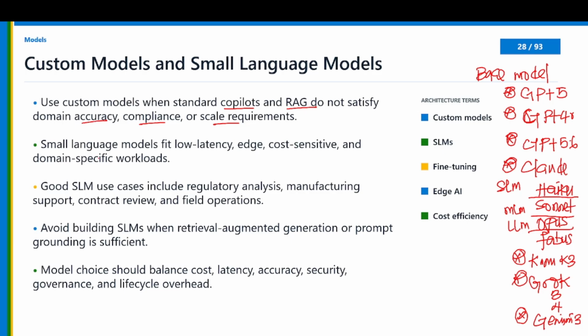Choose SLM when you want to solve a simple problem, with low latency, cost sensitivity, and domain-specific workload. Good SLM use cases include regulatory analysis, manufacturing support, contract review, and field operation.